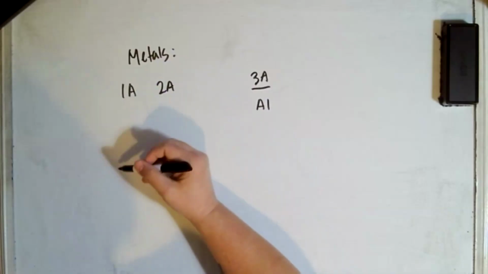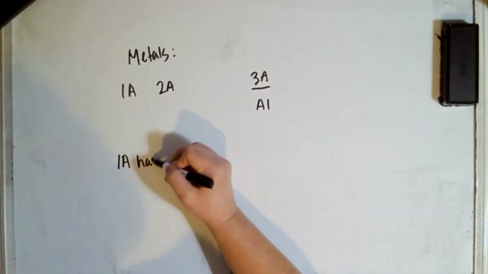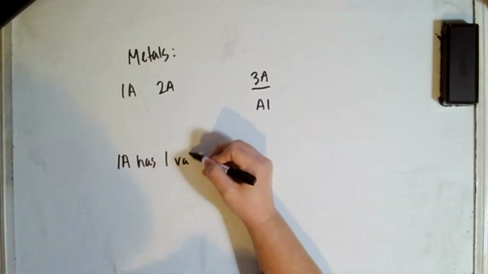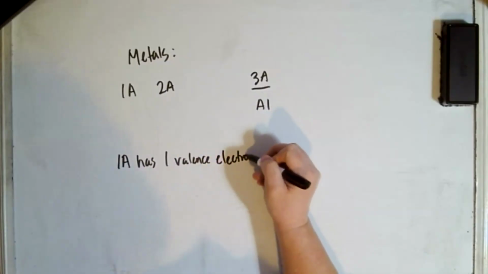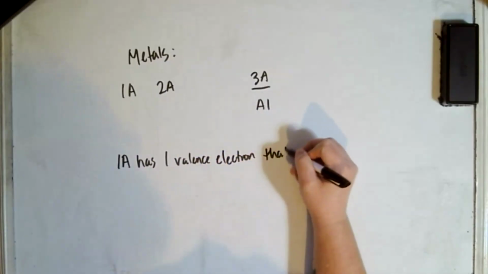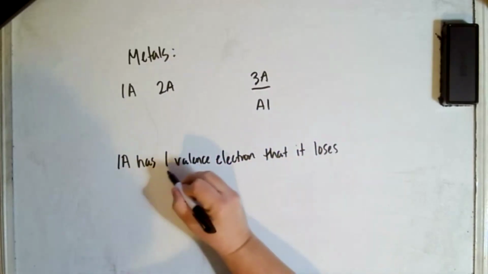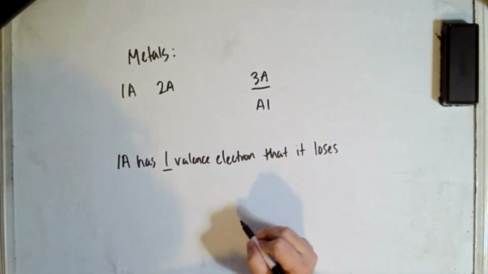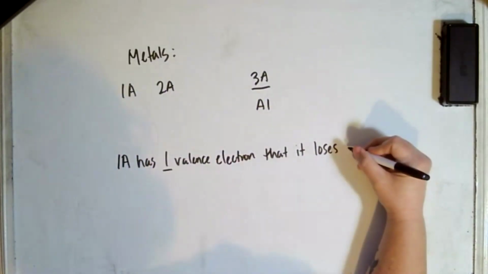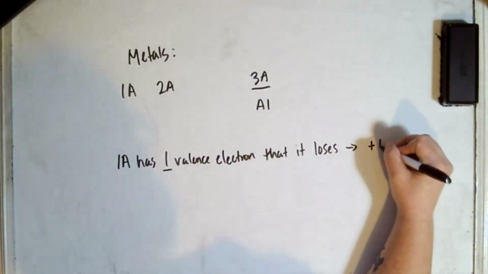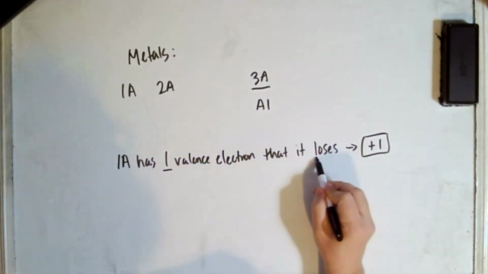Okay. So everything that's in group 1A has one valence electron that it loses. And so if it loses one valence electron, then everything in group 1A is going to have a +1 charge because they're all going to lose one valence electron.